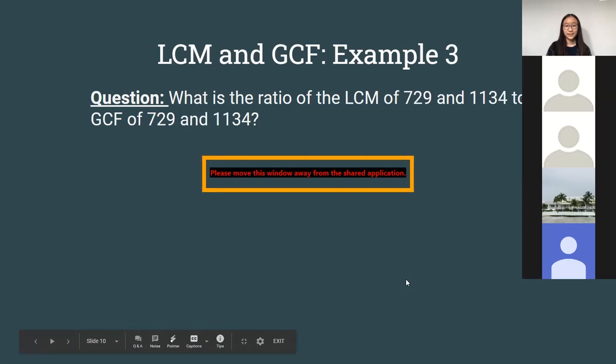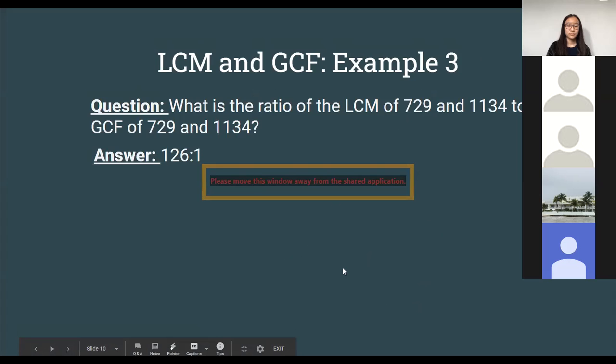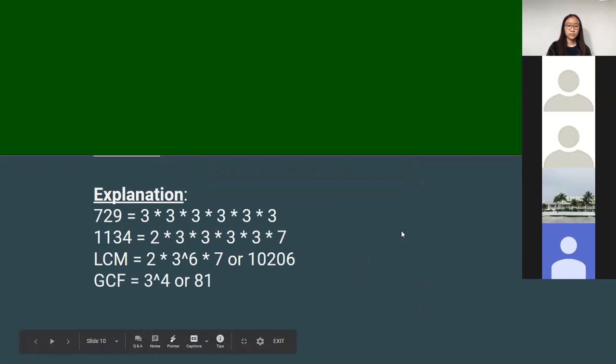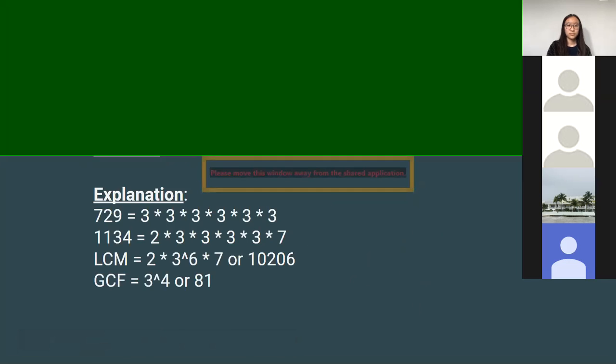That's good, but I actually want to show you guys something really important. If you multiply 1,134 and 729, that's the same as multiplying the LCM and the GCF.